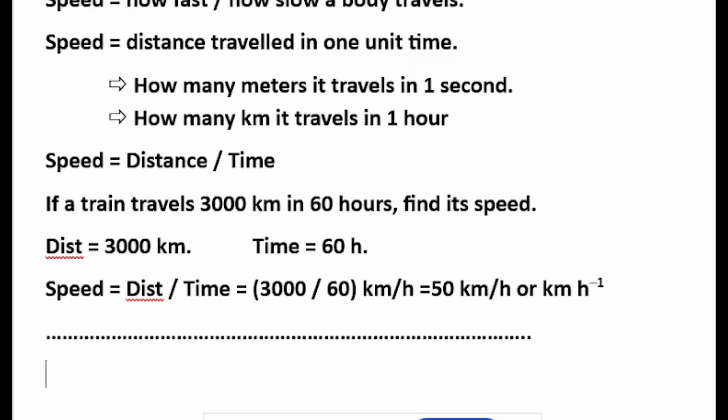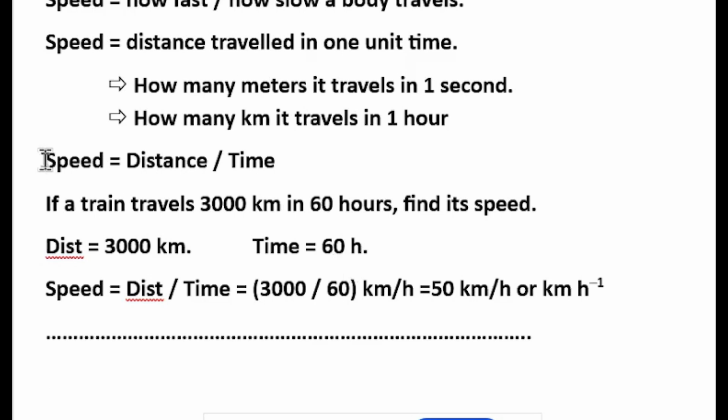Don't write hour, then kilometer. First is distance, 3,000 kilometers, so first write kilometers. Then by time, time is 60 hours. Units, hours. So first units for numerator, then units for denominator.